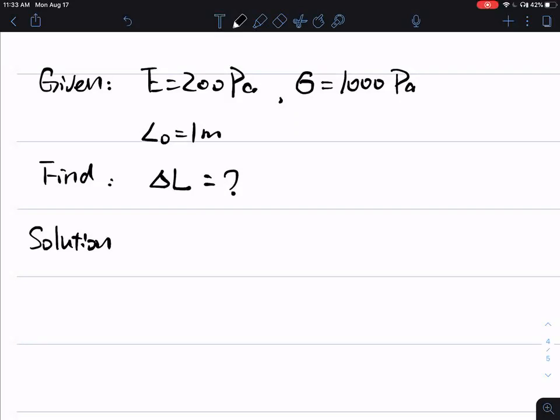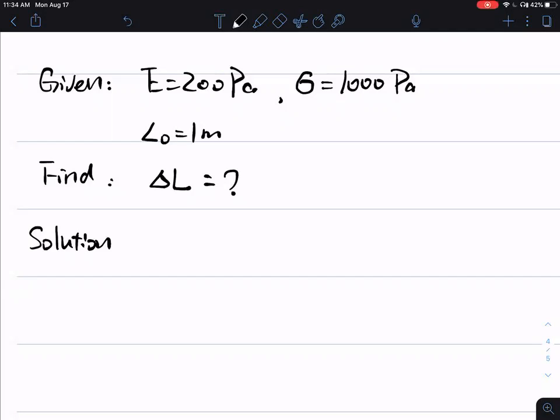Okay, now I want to hear how would you solve this problem? How would you guys solve this problem? So first you have to use, I forget what it's called, epsilon is sigma over E, and we're given sigma and E. So epsilon was 5 in this case.